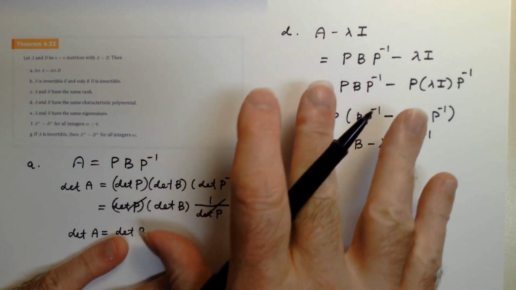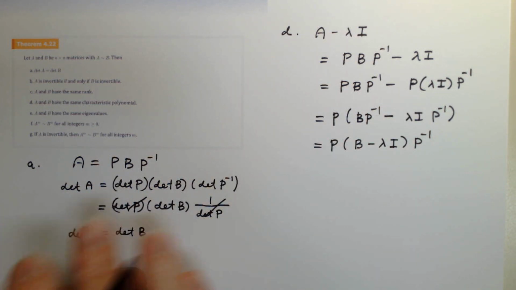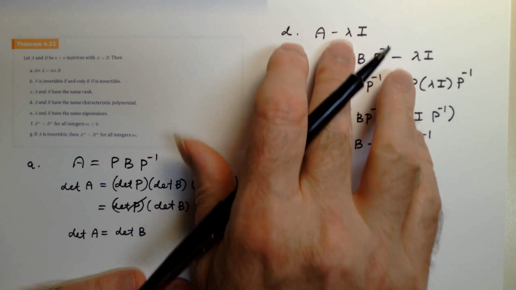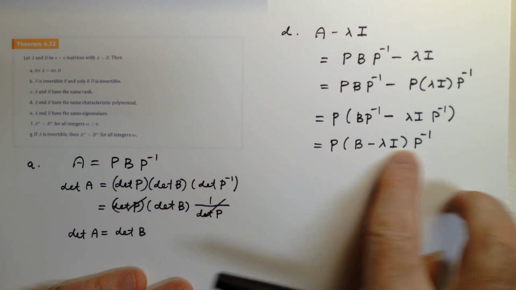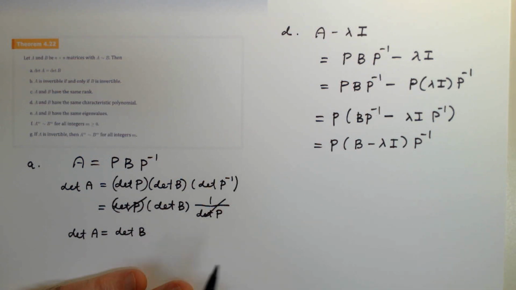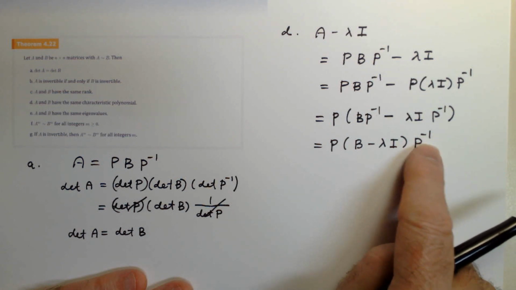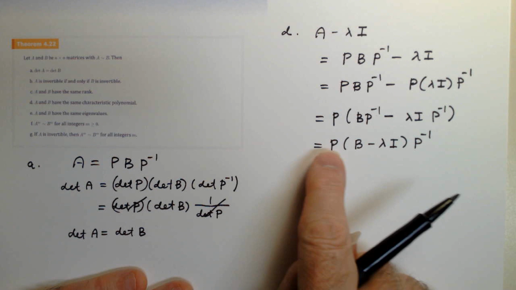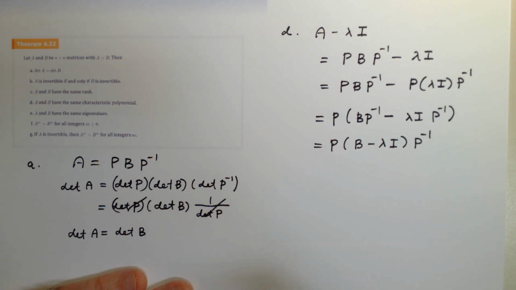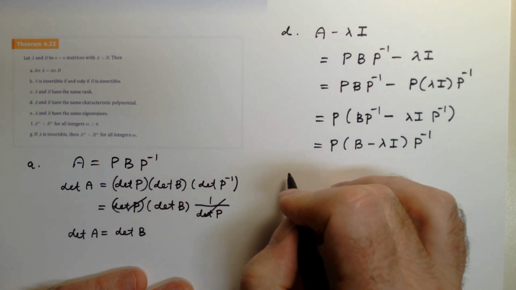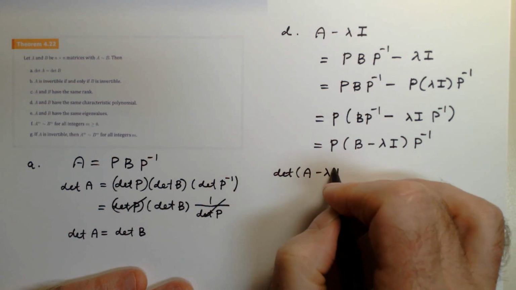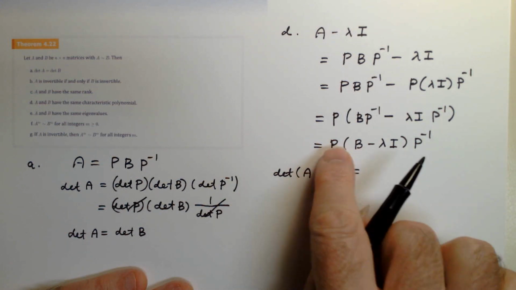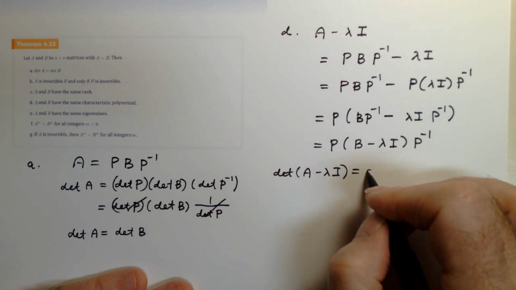Now, the rest of the calculation is very much like what we just did here. We're going to take determinants of both sides and set them equal to each other. We'll use the fact that the determinant of a product is the product of determinants, and we'll use the fact that the determinant of P inverse is the reciprocal of the determinant of P. So here's what we have. I'll do it in a couple of steps. We have the determinant of A minus lambda I is going to be the product of these determinants.